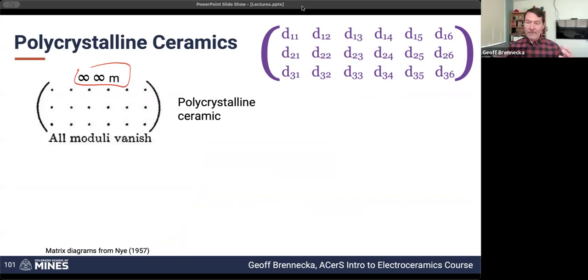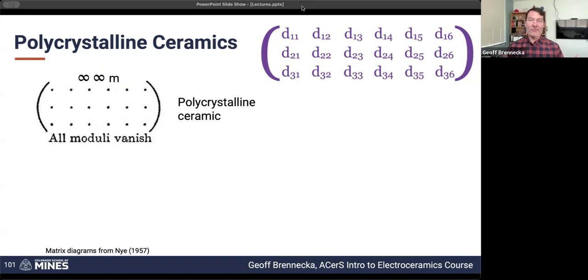So I've taken my powder, barium titanate, PZT, quartz, it doesn't matter what it is. I make the powder into a ceramic, it's random. I sinter it, it's still random. I no longer have any piezoelectric coefficients at all.